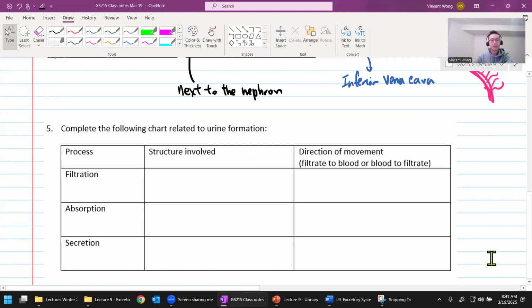Next, complete the following chart related to urine formation. Now there are three processes, right? We have the filtration. Filtration is called the glomerular filtration, right? And where does it happen? It only happens in the glomerulus, Bowman's capsule.